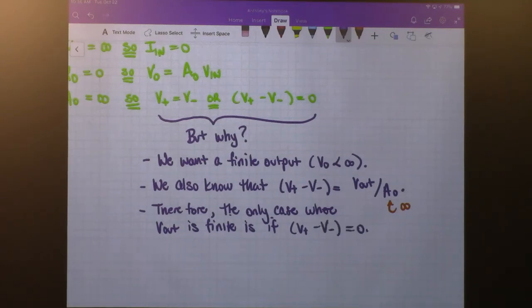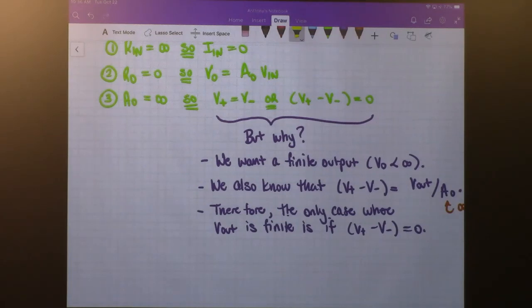There's only one value you can multiply by infinity and get a finite value: 0. Right? 0.000001 times infinity equals infinity.